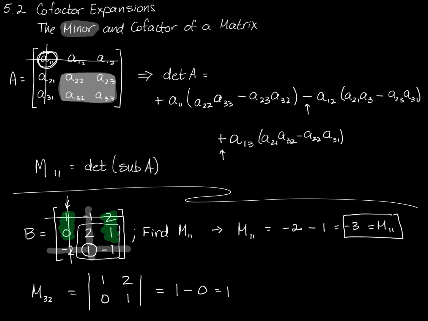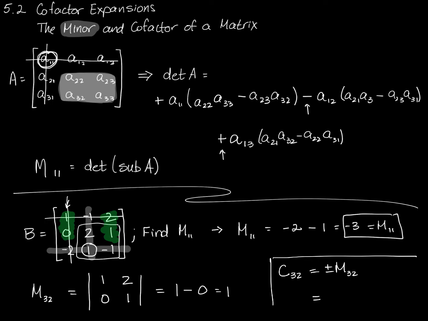Let's use the minor of, for matrix B, minor 3, 2, and we're going to say that the cofactor, I'll put it in a box down here, the cofactor 3, 2 is equal to the minor 3, 2 plus or minus a sign. So it's either going to be positive or negative.